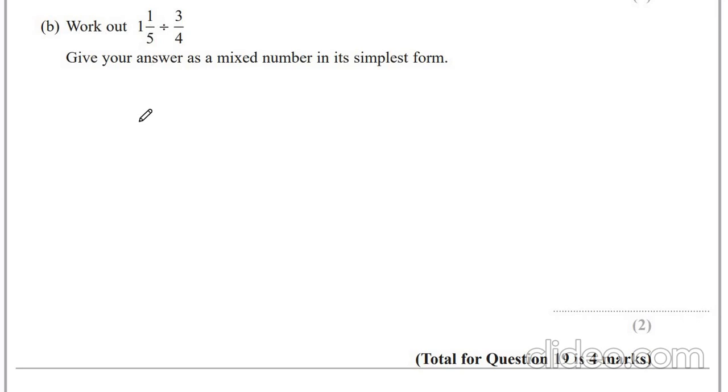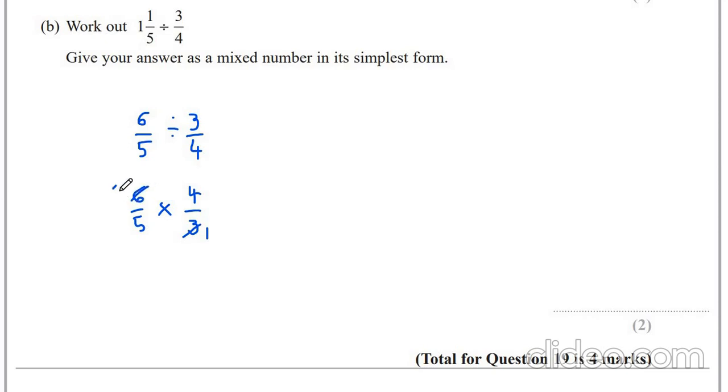Again, let's convert them into improper fractions. 6/5 divided by 3/4. Next step, we change the sign to multiplication and we flip the second fraction. And then we try to simplify this by dividing by 3.